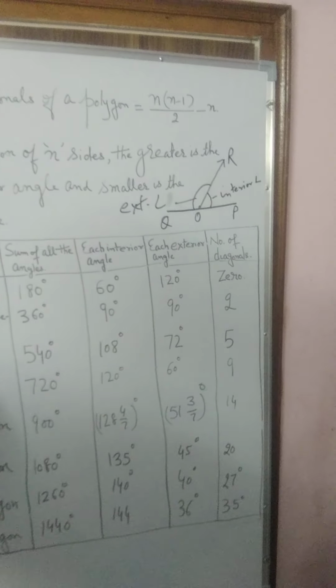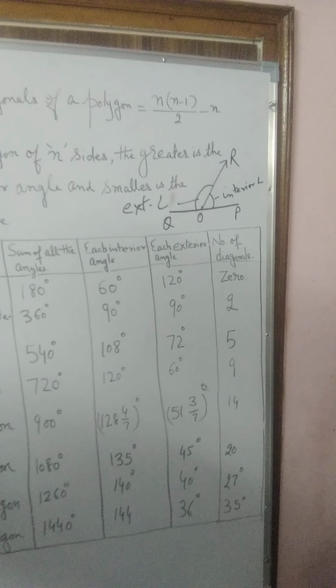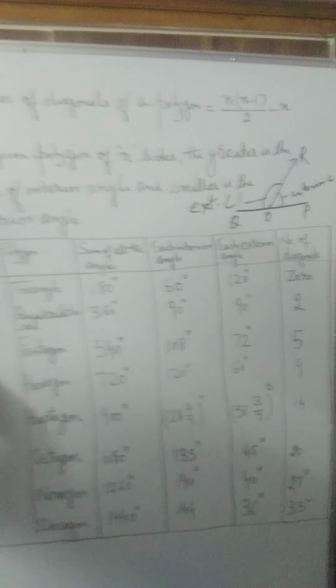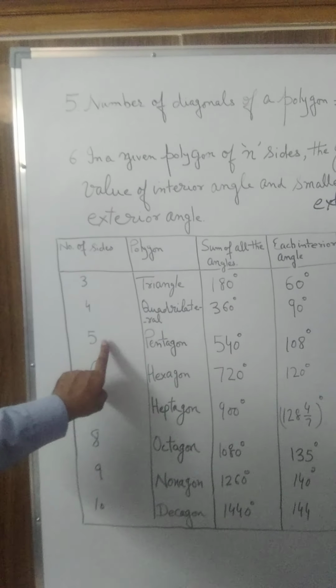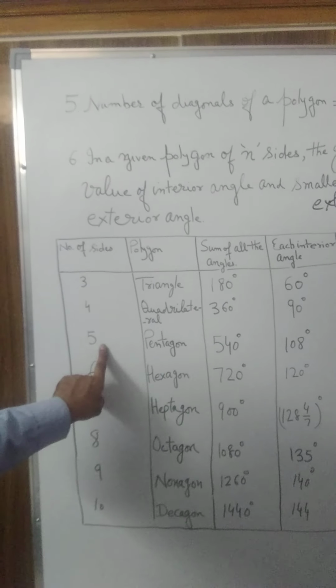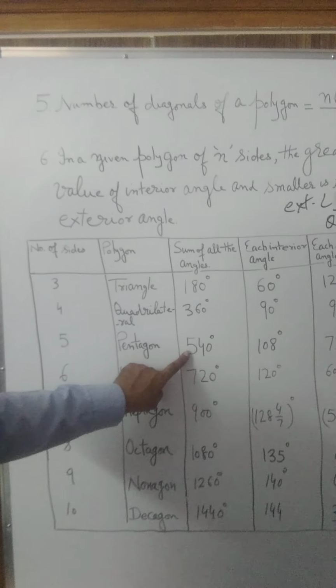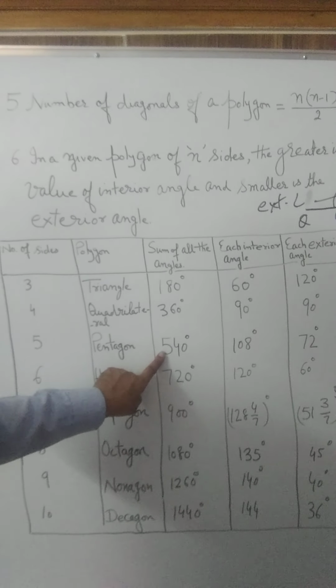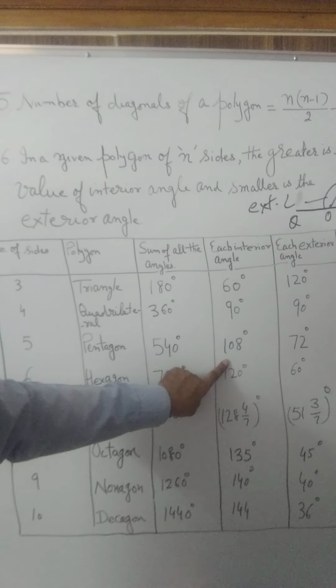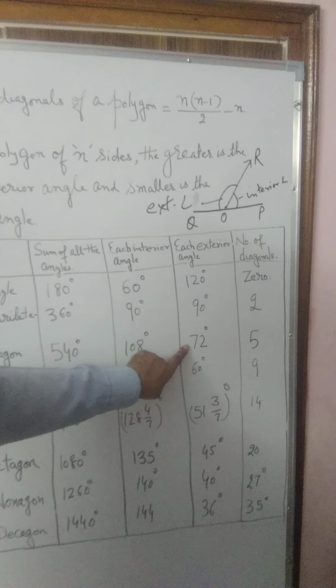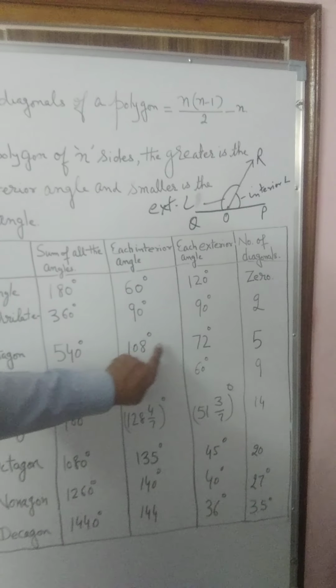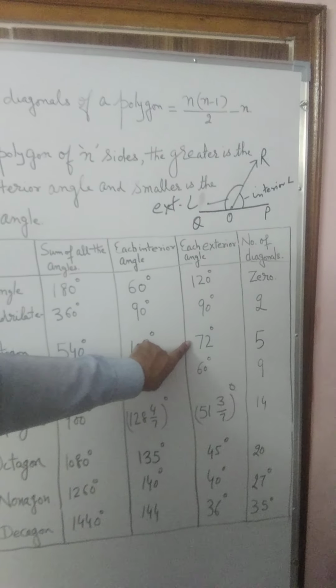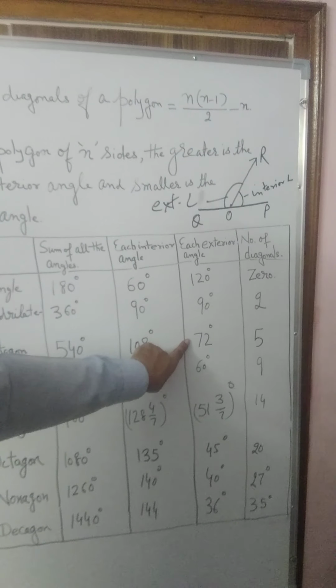Similarly, when a pentagon has 5 sides, therefore it has sum of all the angles 540 degrees, each interior angle 108 degrees, each exterior angle 72 degrees, because the sum of these two is always 180 degrees, and number of diagonals it will have is 5.